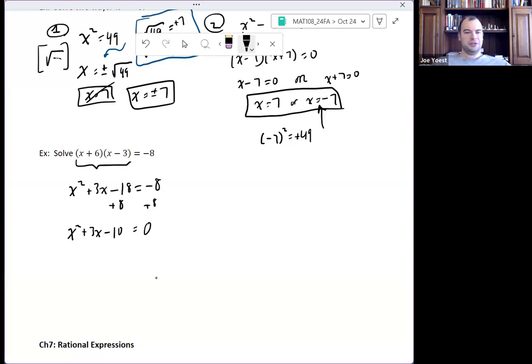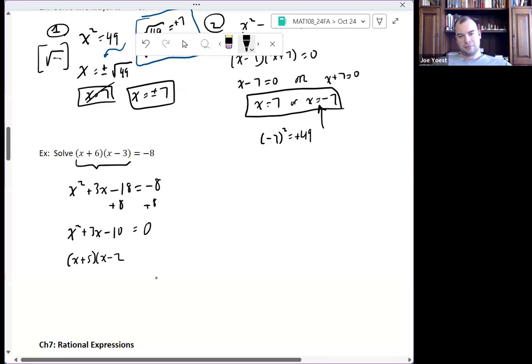So I'm looking for two numbers that multiply to negative 10 and then add to positive 3. That should be plus 5 and minus 2. We check: x squared plus 5x minus 2x is plus 3x. That looks good. And then 5 times negative 2 is negative 10.